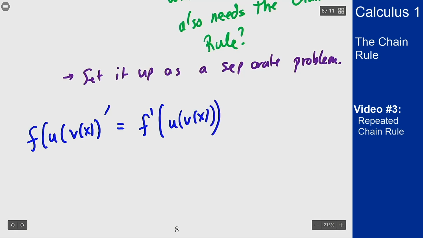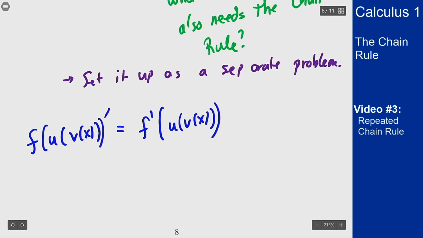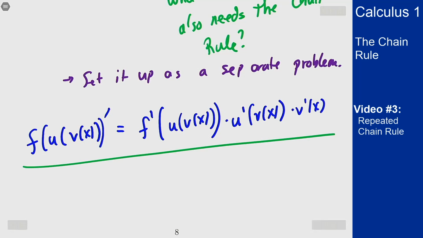Now I go one more step in. I need to differentiate the u part in the u of v of x. How would I get that? Well, that would be times a u prime, plugging in whatever's left, plugging in v of x, and then step down to v prime of x at the end. So if you want a formula, that's how you can write it, but the real point is I'm moving the derivative one level in every time until I'm done and get all the functions that I have.